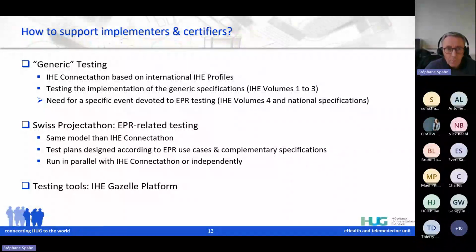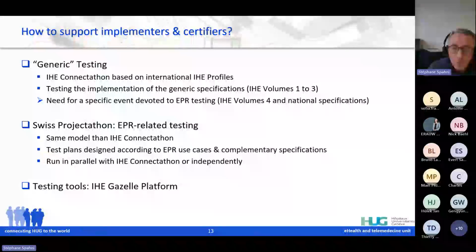So then there's a question: how can we support the implementers and the certifiers, because they have to certify that the technical implementation corresponds to the specifications, so the IHE profiles and the national extensions. There is the generic testing, where the software providers can test their implementation of the IHE profiles through the connectathons.